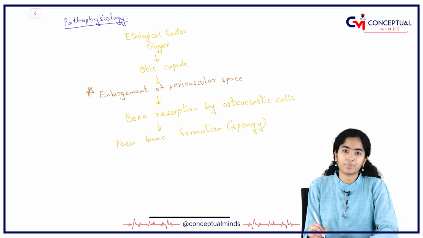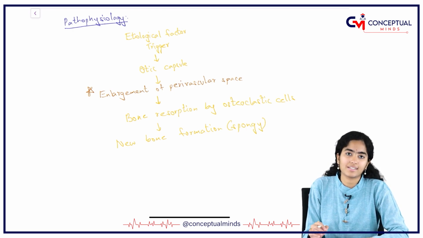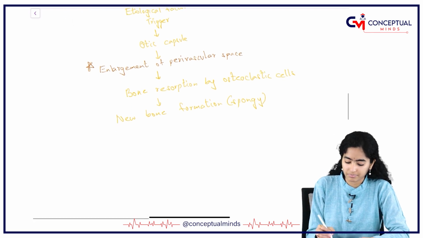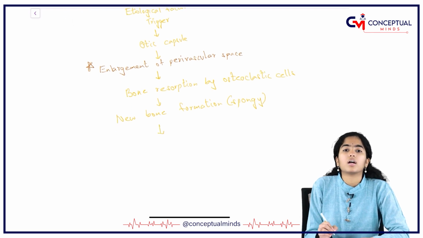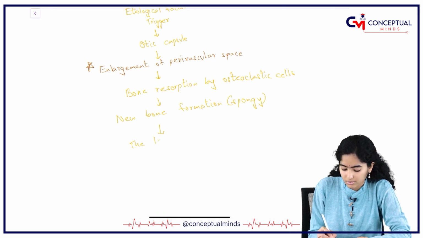Spongy bone is formed that is rich in vascular spaces, giant cells, osteocytes and osteoblasts. Then the lesion increases in size. The lesion undergoes expansion.